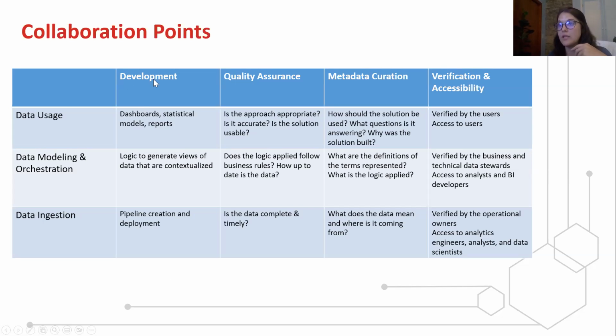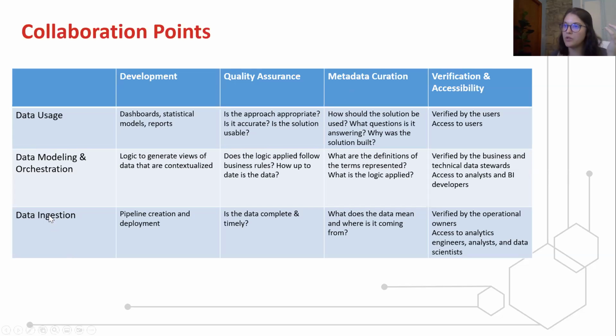A lot of us think about these three categories in just the lens of development, right? I'm going to write a SQL query that will produce outputs that somebody wants to use. Maybe I create it into a view or another table that they can then use for analysis. That is typically what people think about when they're talking about any of these functions.